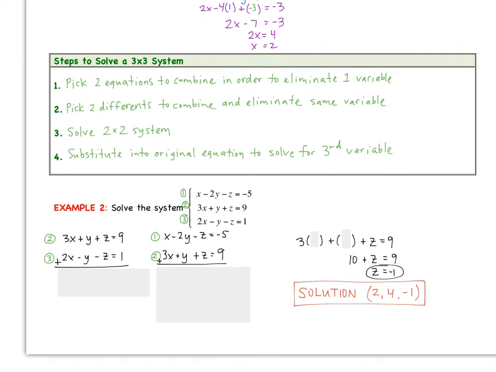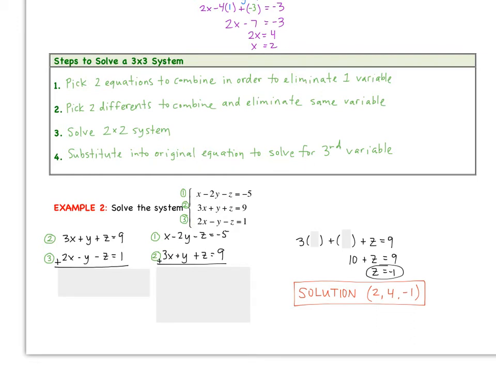As we begin approaching solving this system of 3 by 3s, where we notice we have 3 equations and they all have 3 variables, the first thing I want to do is look at all 3 equations and see which variable might be the easiest one to eliminate. I also label each equation 1, 2, and 3 so that I can organize my work very easily.